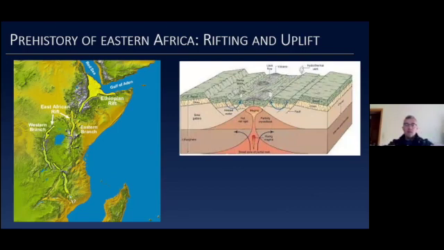The entire crust, which has a heat source underneath, gets higher and higher, and it eventually gets so high that it cracks, and then it drops down into a rift. So while we think of rifts as being low points in the landscape, they're actually low points in a much, much higher area. That has really important implications for what happens in Eastern Africa in terms of its climate.